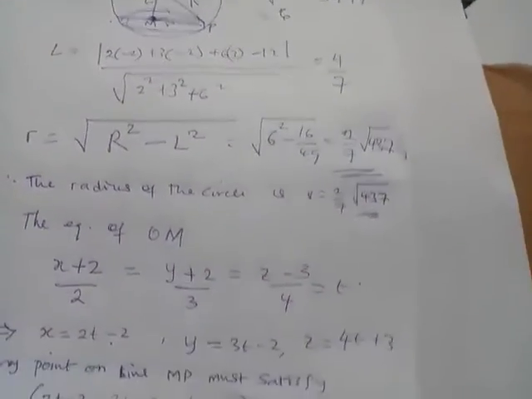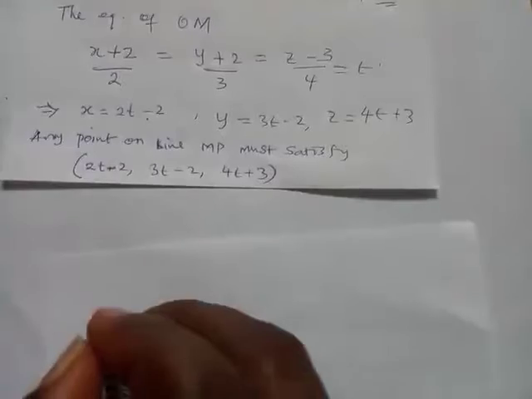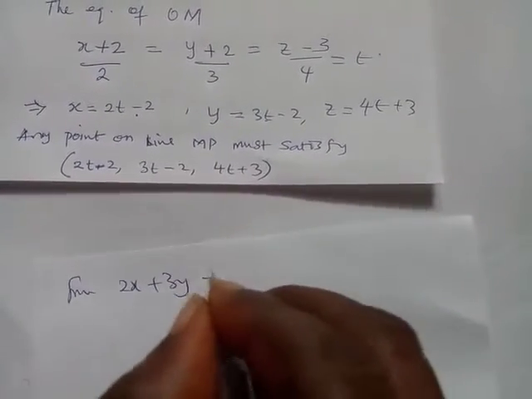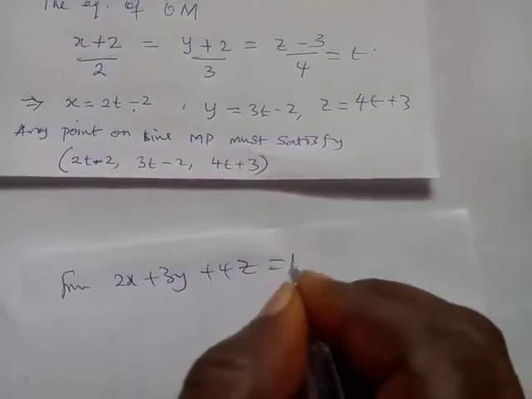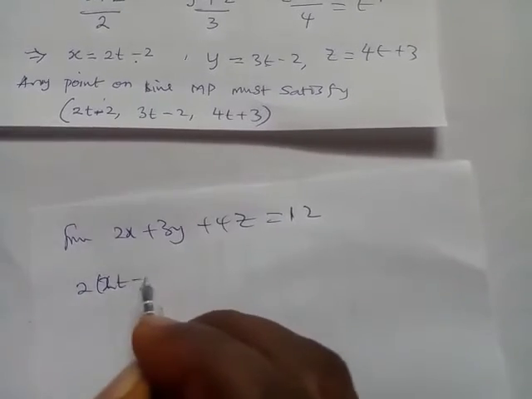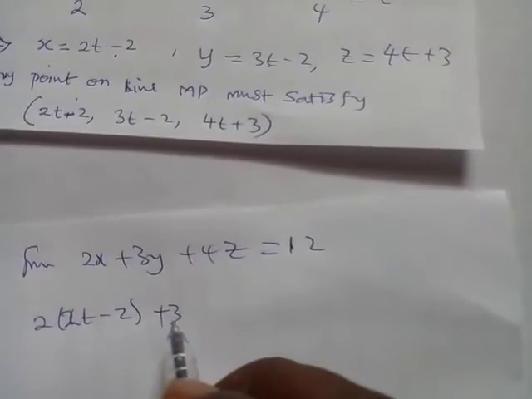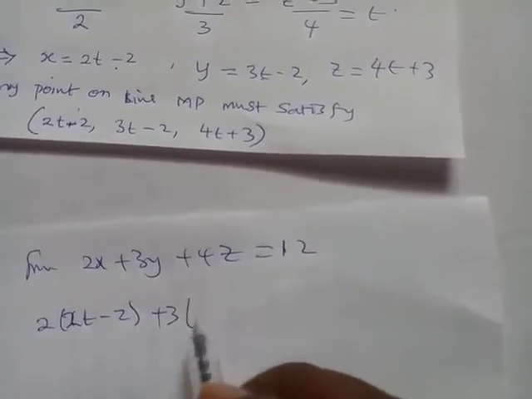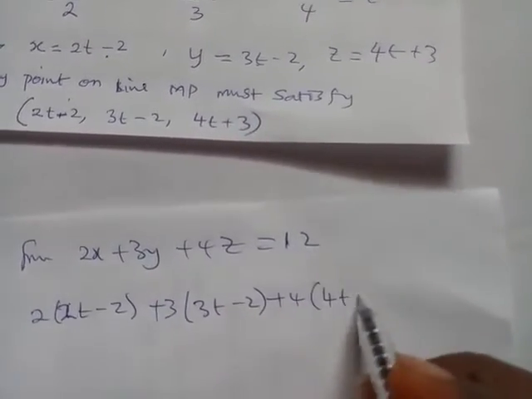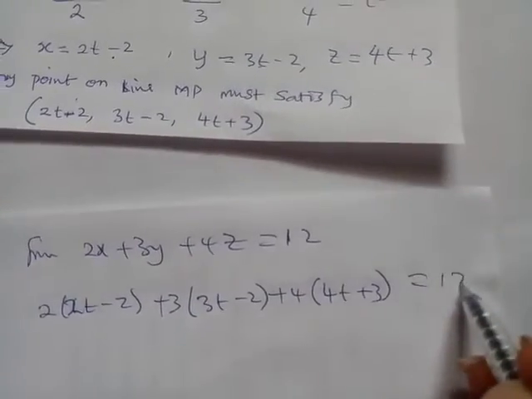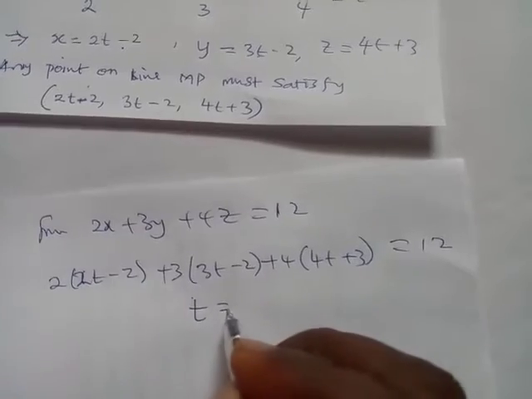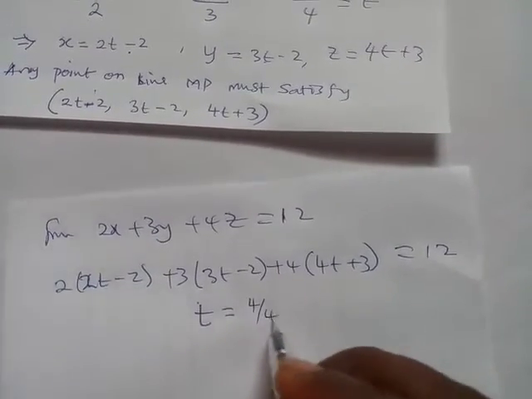So in that case, from the given plane 2x plus 3y plus 4z equal to 12, we can put these values there. This is 2 into 2t minus 2, plus 3 into 3t minus 2, plus 4 into 4t plus 3, equal to 12. From this, it is easy to find our t. Without stressing ourselves, t will be equal to 4 over 49.